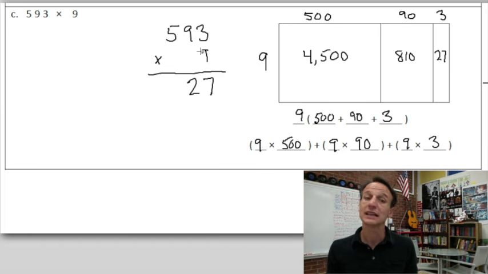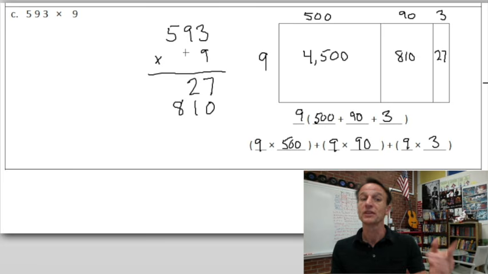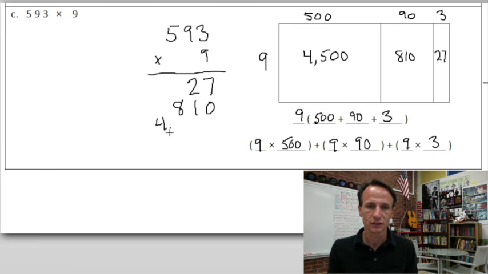And 9 times, did you say 9? It's 90, right? We're paying attention to place value here. 9 times 90, we also just did, we know it's 810. And then 9 times, not 5, but 500, yes, is 4,500.